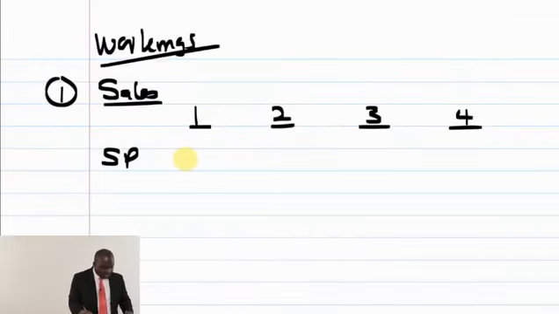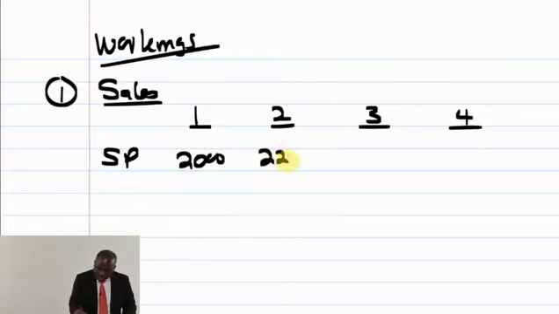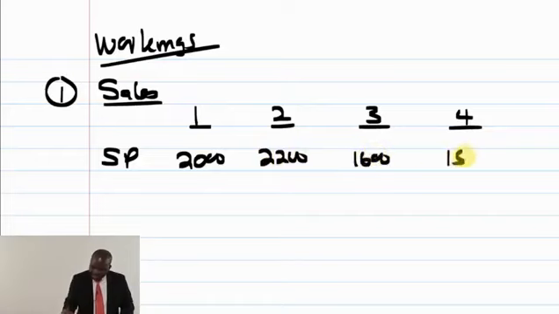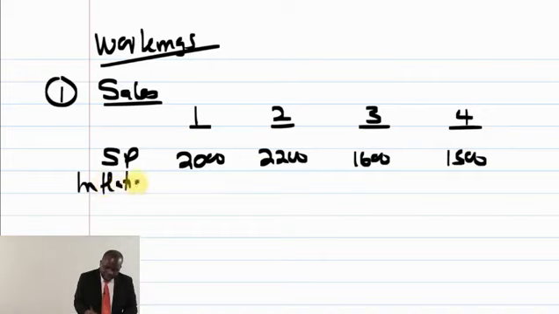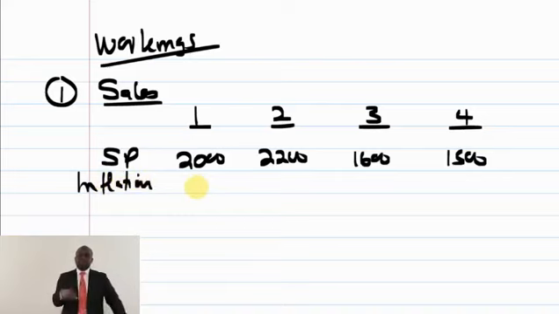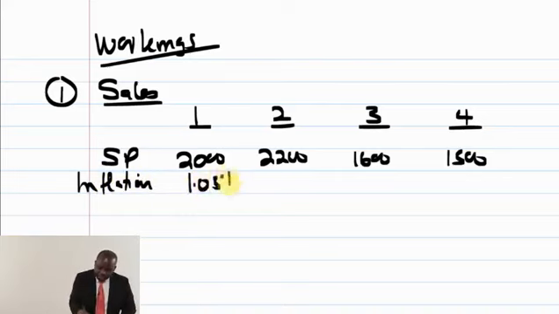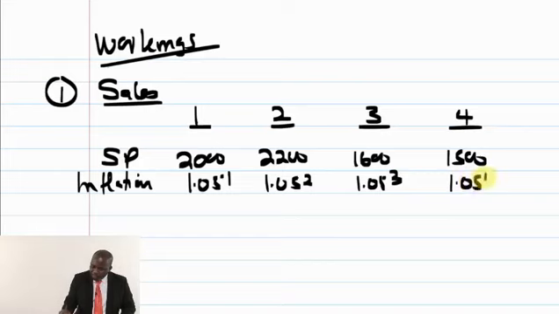So the sales prices given are 2,000, 2,200, 1,600, and then 1,500. We would have to inflate it because it is 1.5%, and it is referenced to year 0, so I have to get 1.015^1, 1.015^2, 1.015^3, 1.015^4.